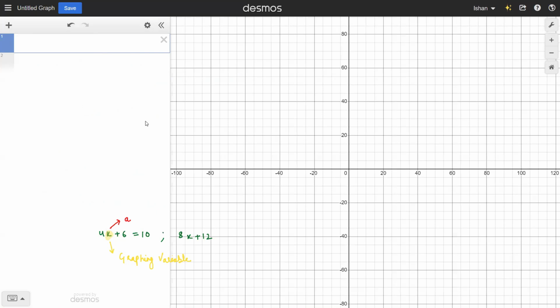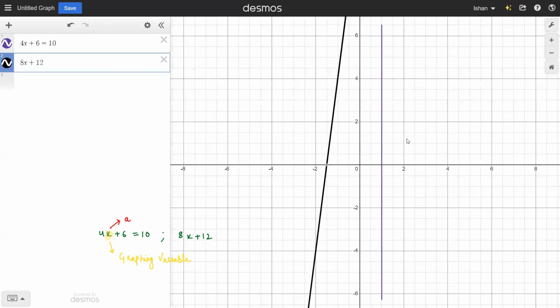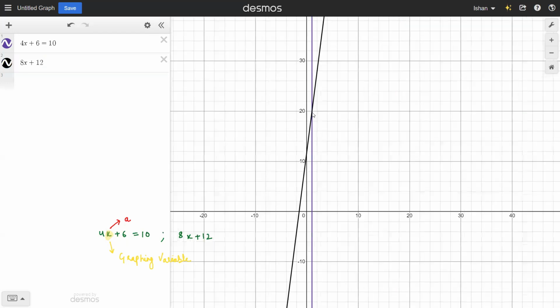First of all, I'm using graphing. 4x plus 6 is equivalent to 10. The value of x is 1. For 8x plus 12, the value is 20.